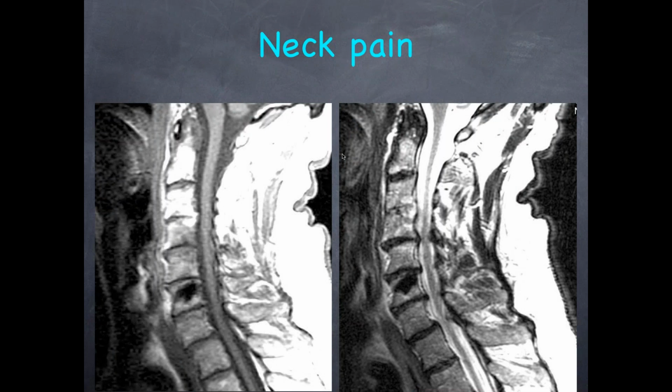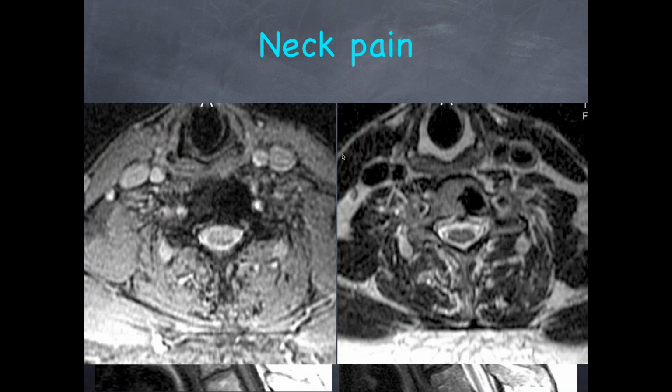Right. Okay, Shiv, what do you think of this one? All right, neck pain. We have a T1 and a STIR, and it looks like there are multiple levels of degenerative disc disease with linear hypointense signal over the C3, C4, C5, C6 vertebral bodies.